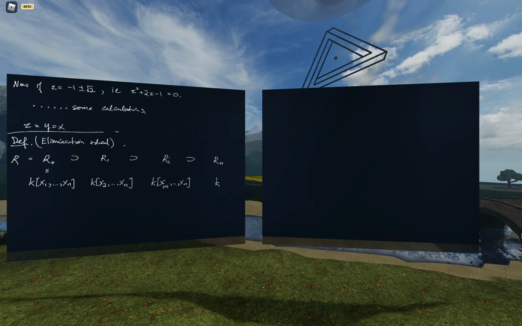So define I_L equals I intersect R_L. I is an ideal of R. You have this sequence of subalgebras, and then you define I_L to be the intersection of I with the Lth piece of this. And we're going to call this the Lth elimination ideal.